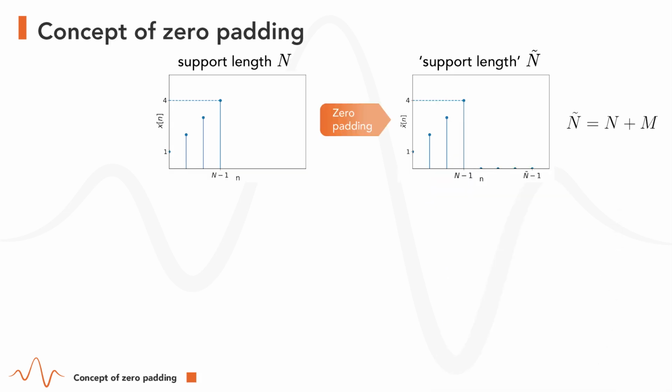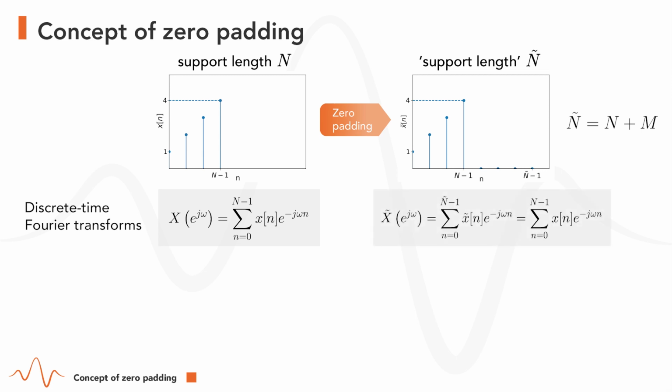Let us say that we have a signal x of n with length capital N, and let us say that we padded it with capital M zeros, leading to a signal x tilde with length capital N tilde equals capital N plus capital M. The expression for the discrete time Fourier transform of x of n is given on the left-hand side, and the expression for the discrete time Fourier transform of x tilde is given on the right-hand side.